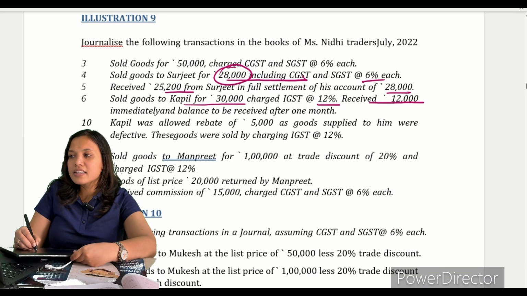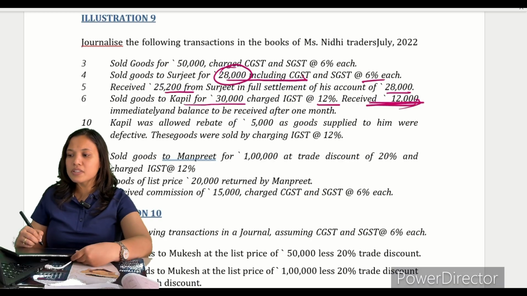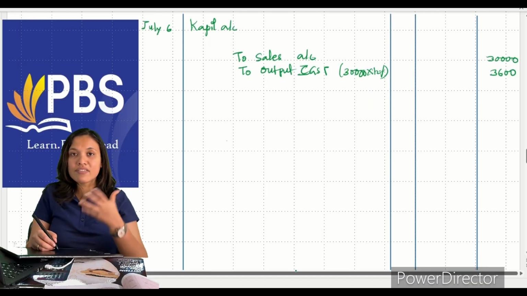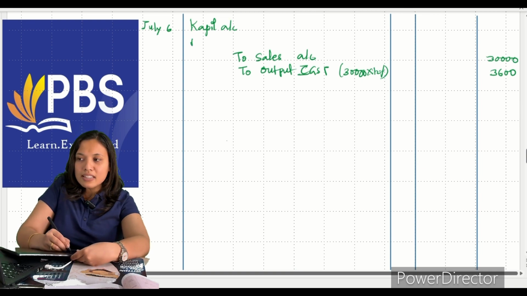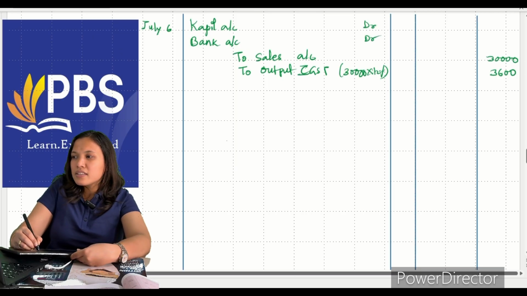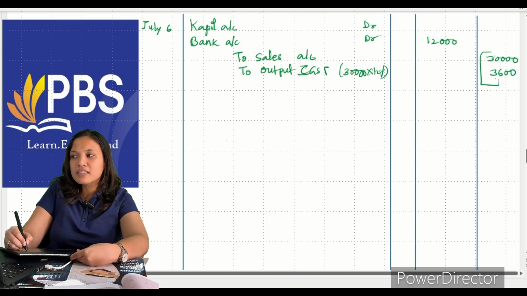See here what is given. We received immediately how much? 12,000. Anything received, bank account debit. Total to be received is 30,000 plus 3,600, that is 33,600.